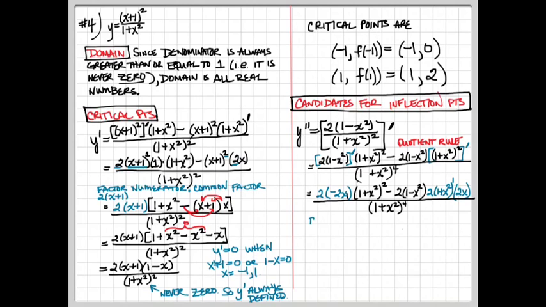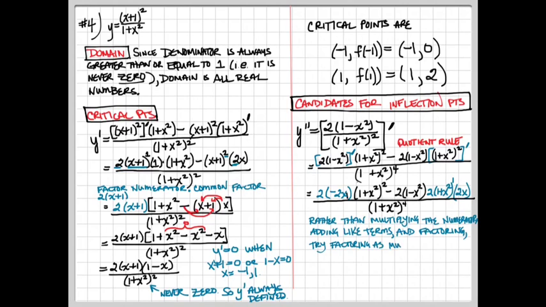Again, rather than looking to multiply everything out, add like terms, and then factor, let's start by seeing what kind of factorization can happen in the numerator first. You can see that there are common factors of 2, 2x, and 1 plus x squared.